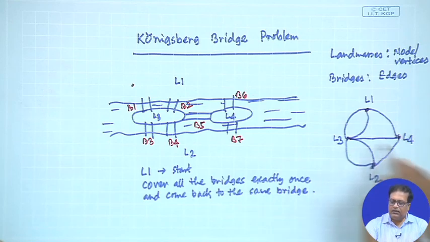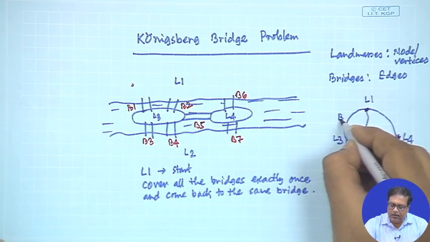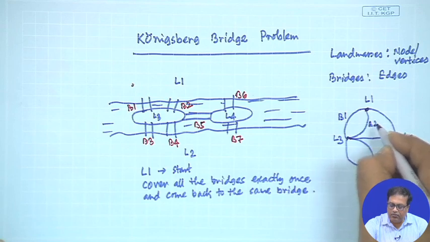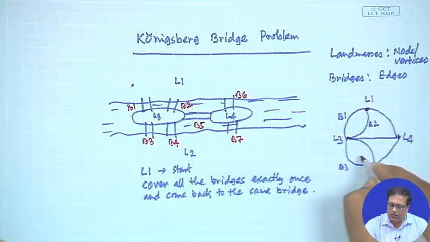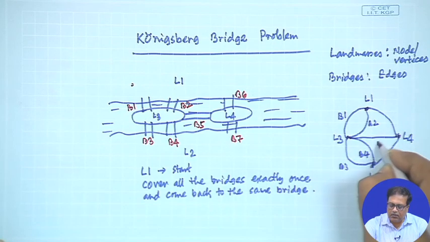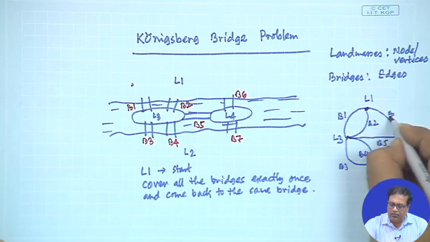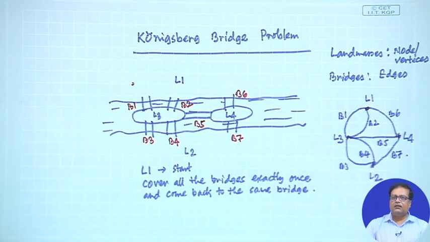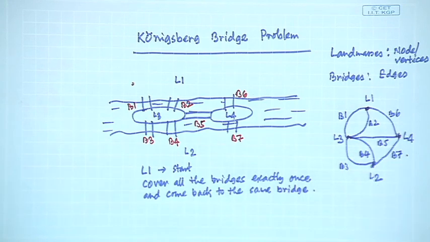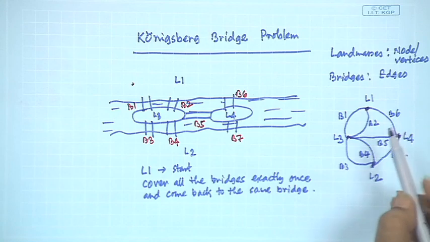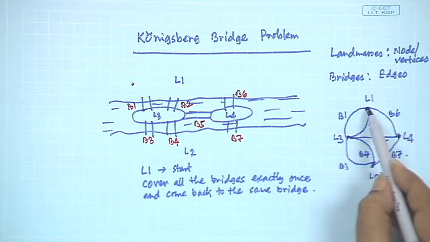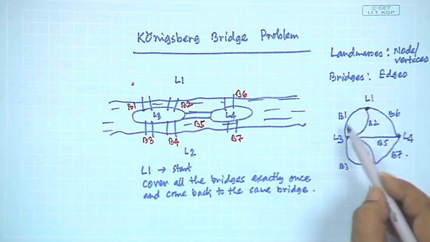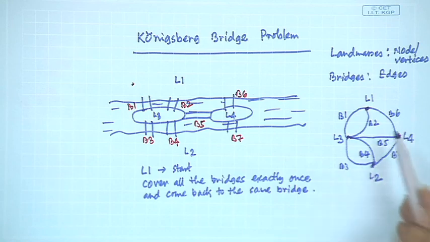So, you see, these are the 7 bridges. So, B1, B2, B3, B4, B5, B6, B7. So, this is the graph theoretic representation of the same problem. The question is that starting from a particular landmass, can we move through all the bridges exactly once and come to the same landmass?